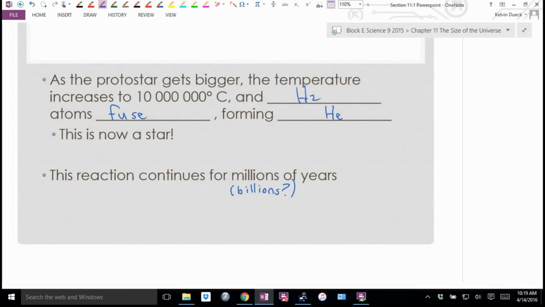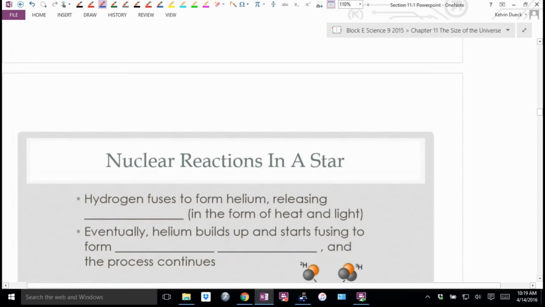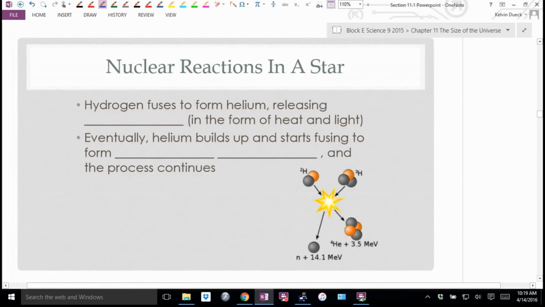Let's talk about this nuclear reaction a bit more. So what's going on in a star? Hydrogen fuses, is pressed together to form helium, releasing energy. There's an equation that describes this. You may have seen the equation.